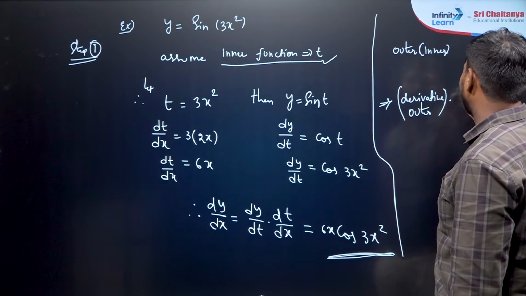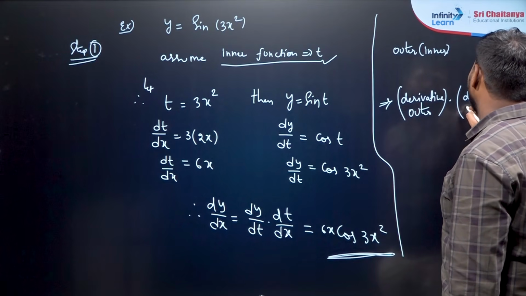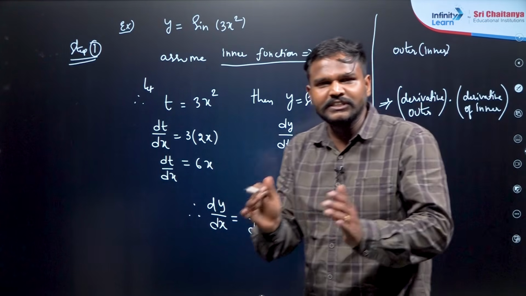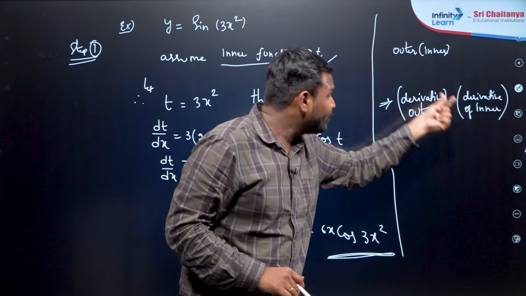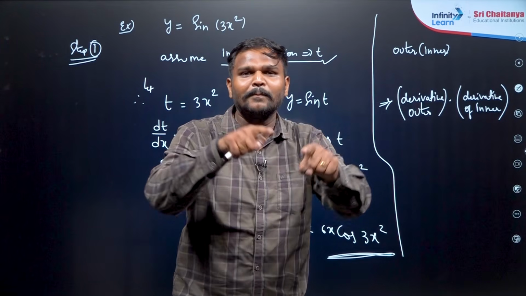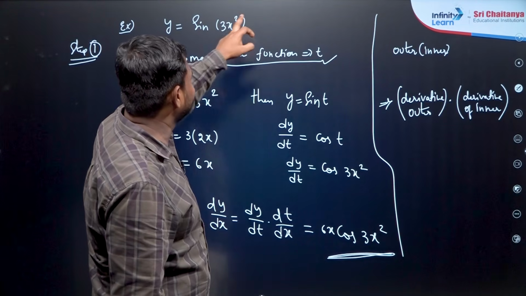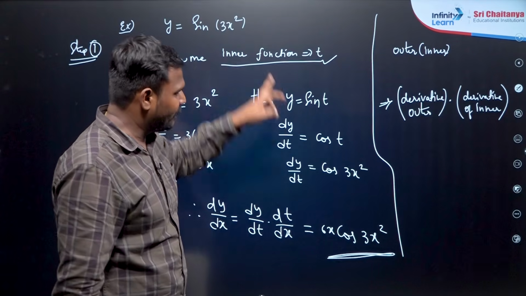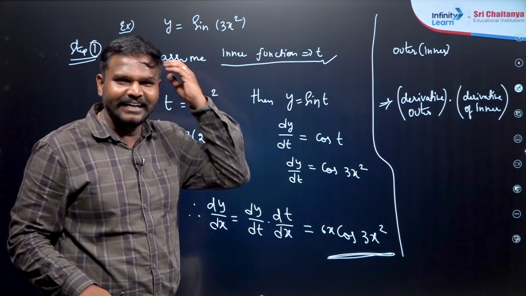So we will multiply with the derivative of the inner function. So whenever there is a function inside a function, differentiate the inner function, differentiate the outer function, multiply them both. Sine 3x square, sine of something, cos of something, 3x square derivative 6x, multiply them. Directly we can solve. Is that clear?